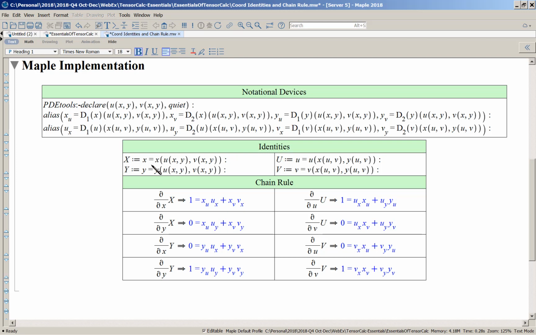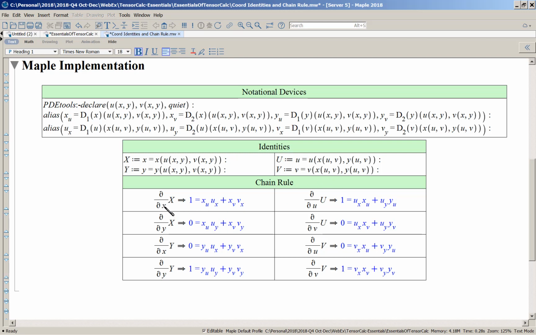Here are the basic identities. x is a function of u and v, which are in turn functions of x and y. y is a function of u and v, with u and v in turn functions of x and y. And here, u is a function of x and y, which are in turn functions of u and v, and so forth.